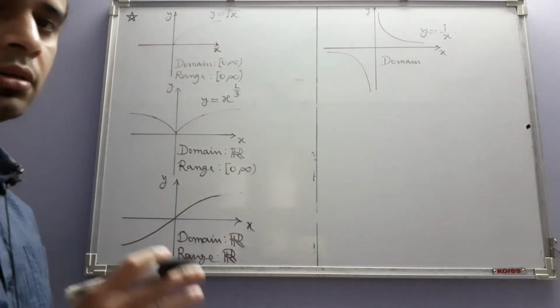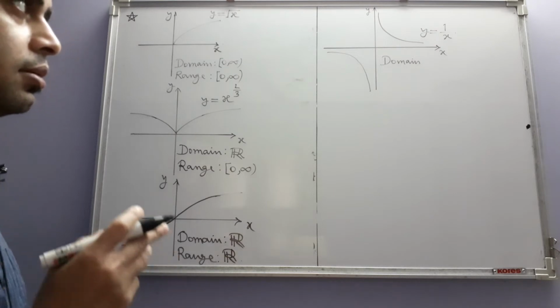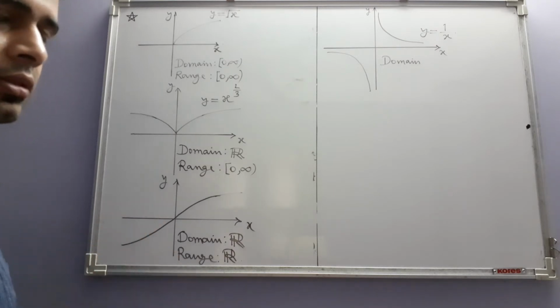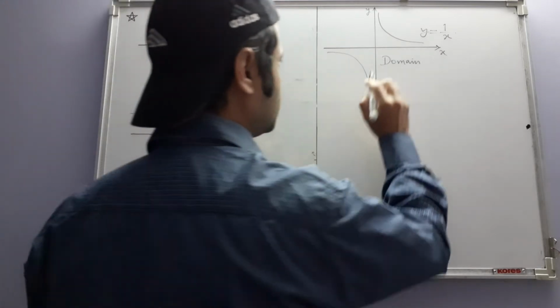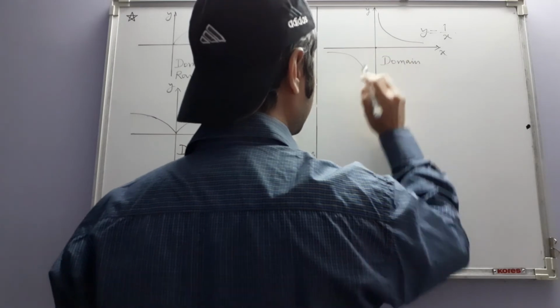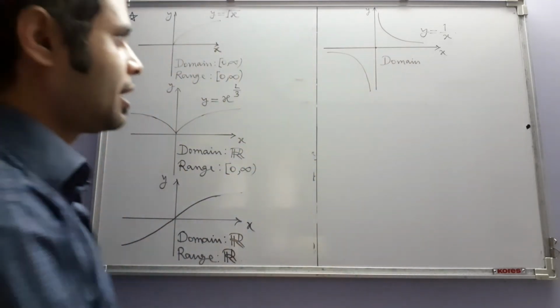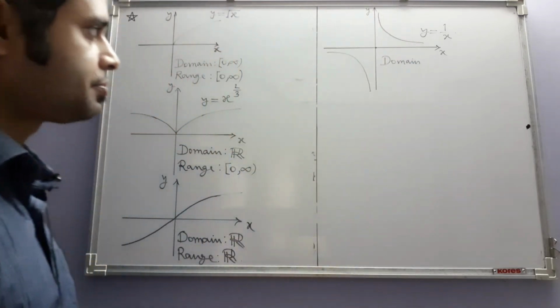For this function, obviously the domain is not the entire set of real numbers. The problematic real number is x equal to 0, for that is the real number which has no reciprocal. So at x equal to 0, the function is not defined. So at x equal to 0, there is no point on the graph.